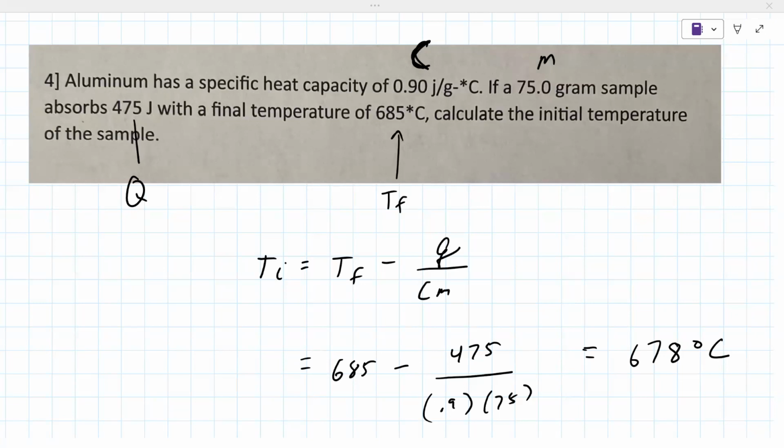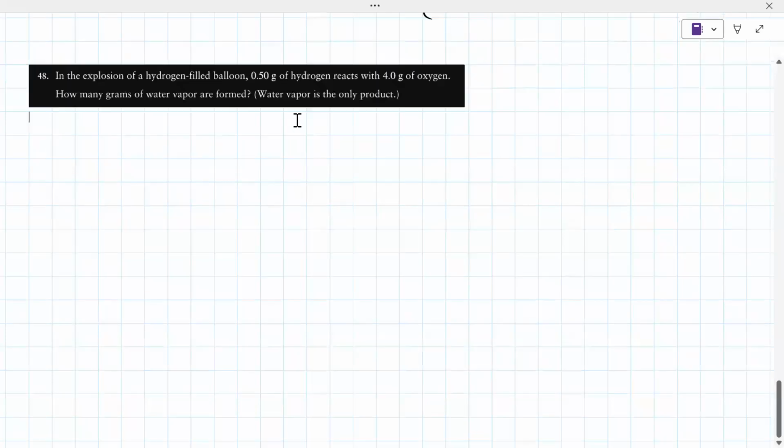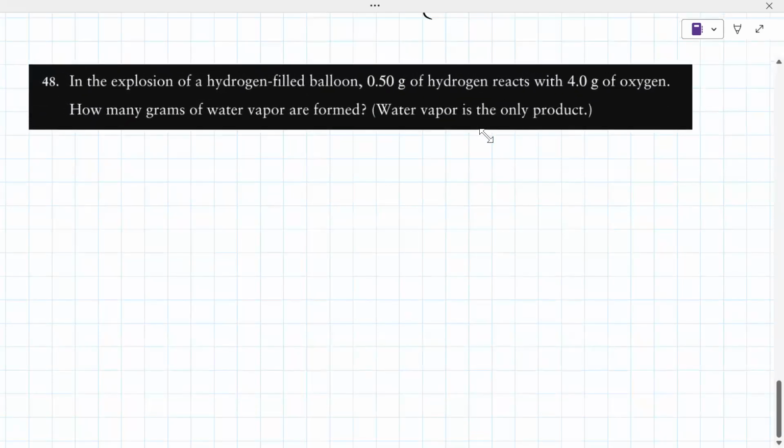These are going to be a little bit tough, but we'll be okay. You're going to need a periodic table if you don't have one. I can also send you to an online one if you need it. It says, in the explosion of a hydrogen-filled balloon, 0.5 grams of hydrogen reacts with 4 grams of oxygen. How many grams of water vapor are formed?